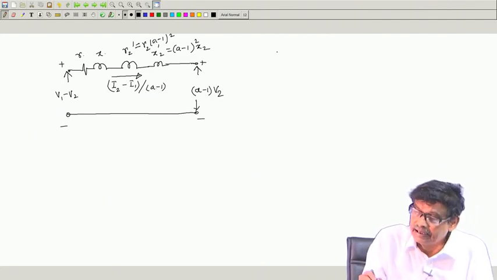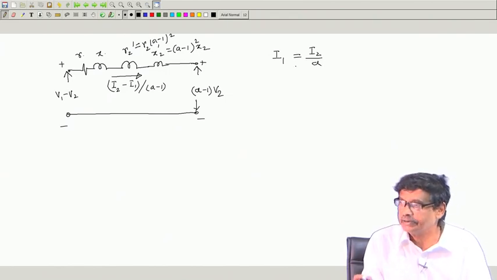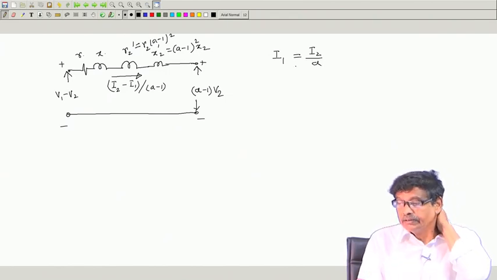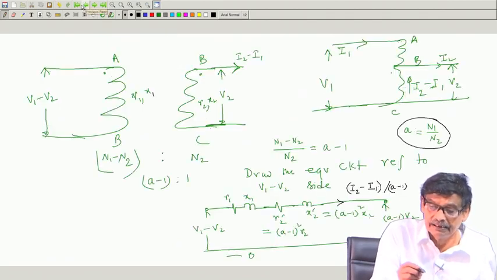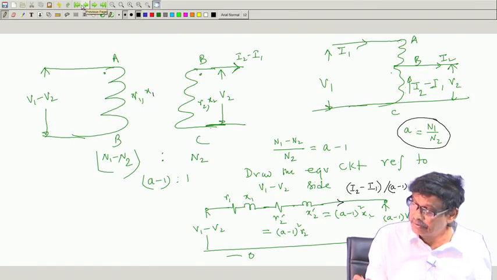But we have seen that I 1 is equal to also I 2 by A, that we have already established, from this MMF balance. Recall this, this we will always use.